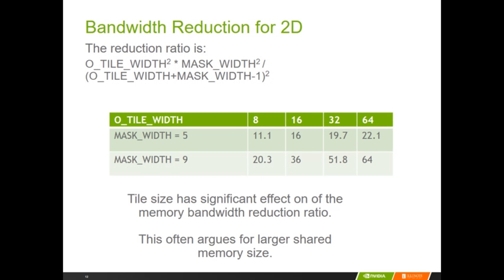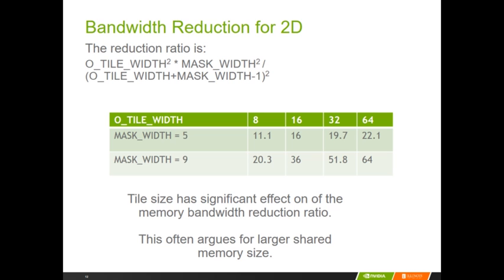So we can plot the same trend of memory access reduction ratio given a mask width and given an output tile width. Keep in mind that now that we have two dimensions, the output tile width will need to be smaller because the shared memory now needs to accommodate the square of the output tile width and input tile width, and also the number of threads in the thread block needs to accommodate the square of these numbers.